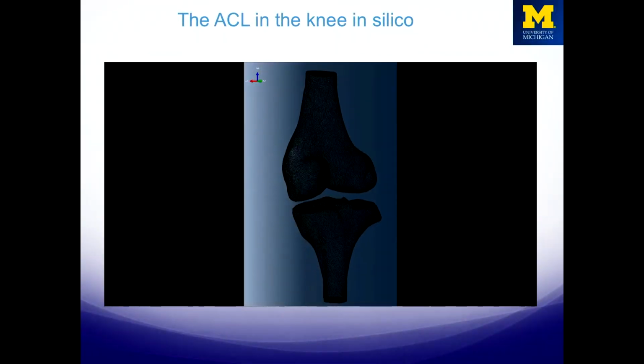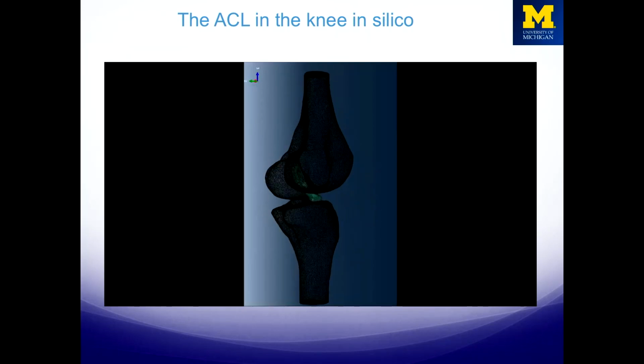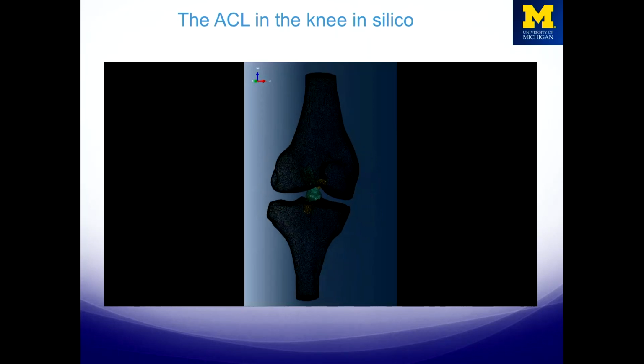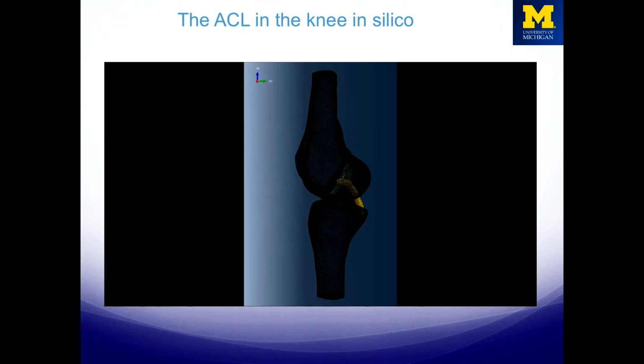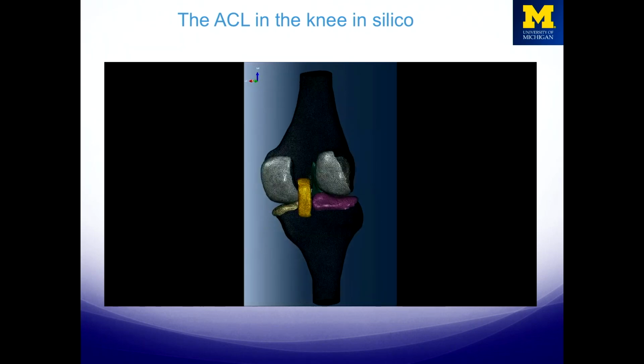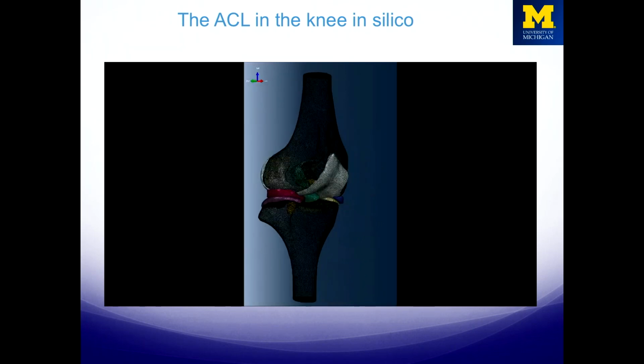The big challenge that I didn't mention yet, what's missing here? Probably you could say everything's missing, but what's one big thing missing? Muscle. The muscle forces. When I'm standing right here as an animated human being, what are the muscle forces on my leg?